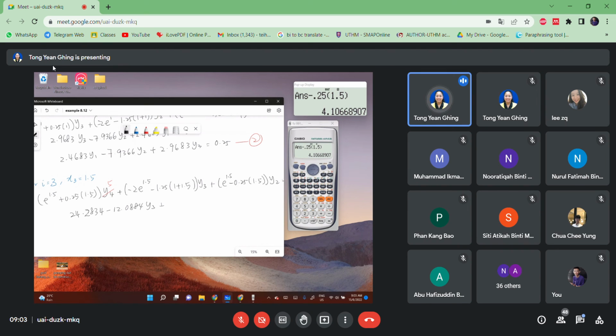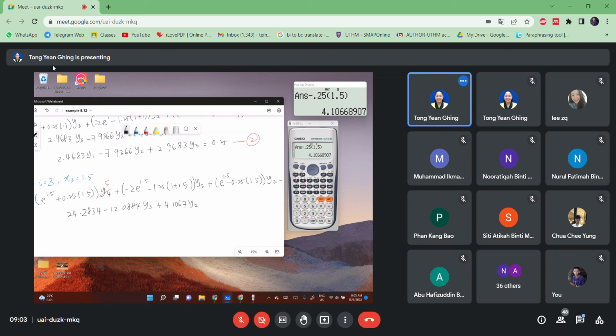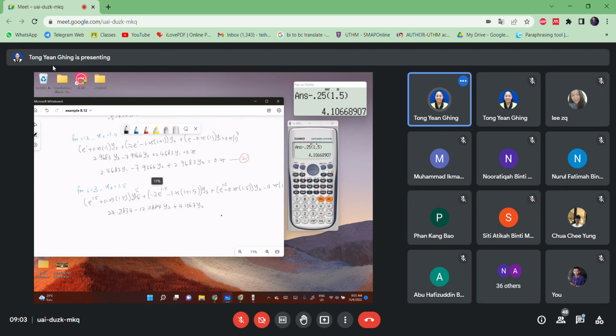Lepas tu plus with 4.1067 y2. And then equal to 0.25 times with 1.5. 0.8438.